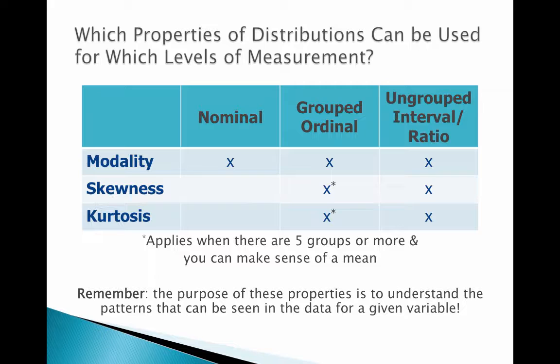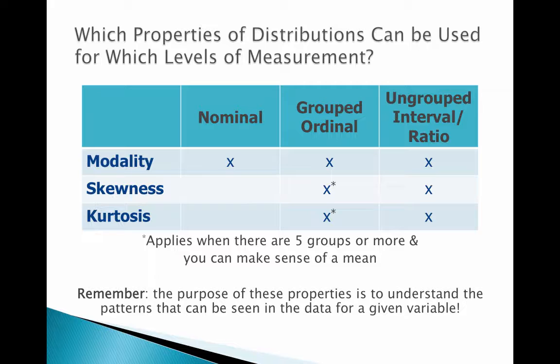But also, if we can make sense of a mean when we have grouped ordinal variables. And recall, we can calculate and report a mean for grouped ordinal variables if that particular variable has 5 or more groups or responses, and we can make sense of the interpretation of that particular variable and the mean. If you can calculate a mean for a grouped ordinal variable, then you can also calculate the skewness and kurtosis.